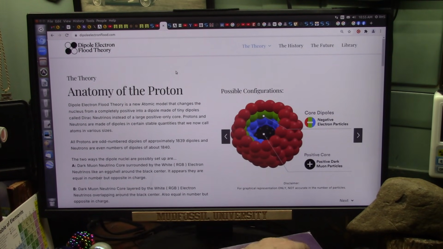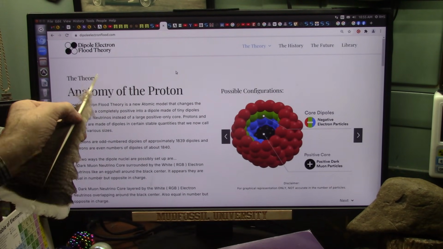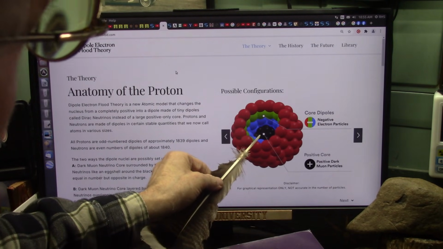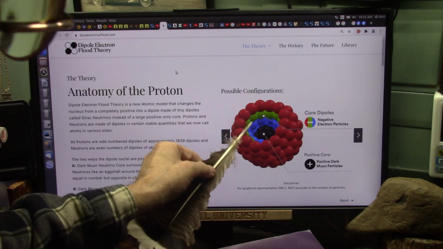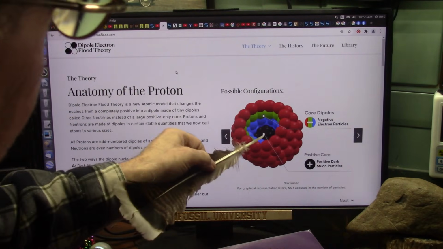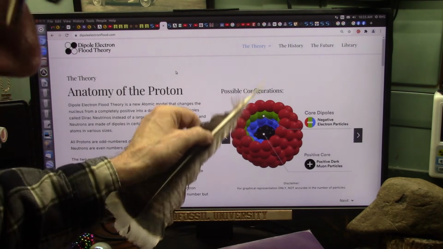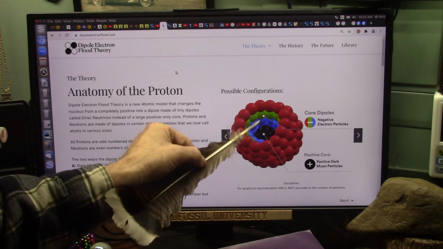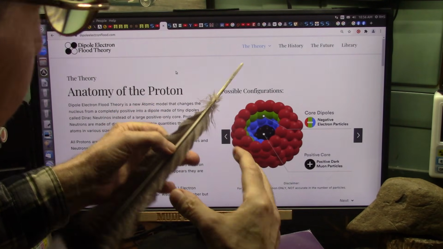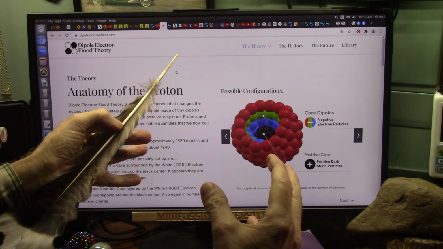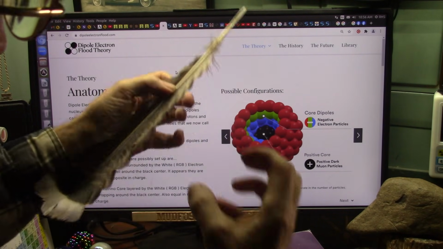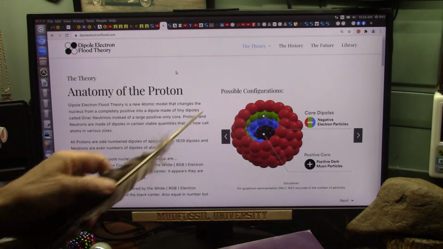Okay, just to refresh you on dipole electron flood theory. Everything there is made of black and white particles, or whitish particles, glowing particles, energetic particles. These are black, or dark matter, literally dark matter. And the white, or the glowy part that attaches to it, the electron neutrino, attaching to the muon neutrino, which is dark matter, makes up a dipole electron.